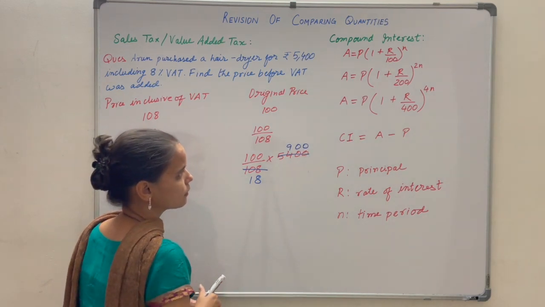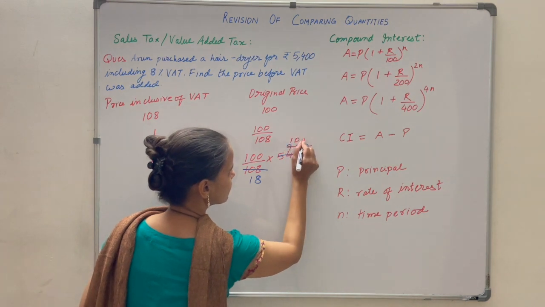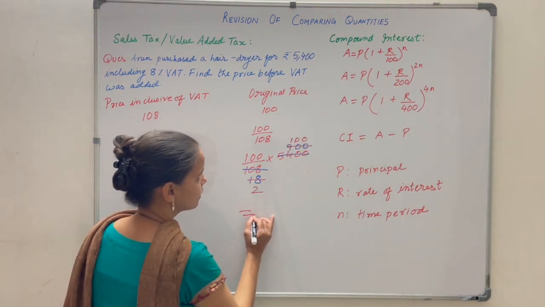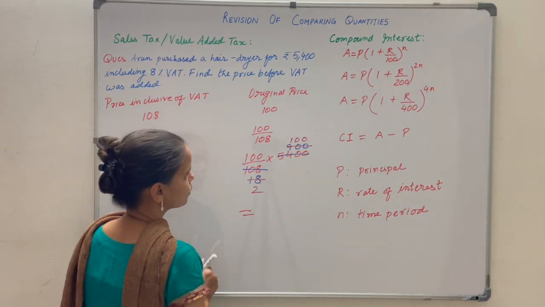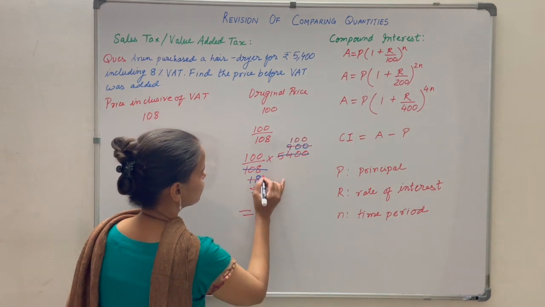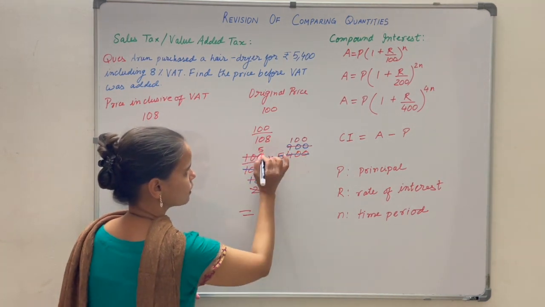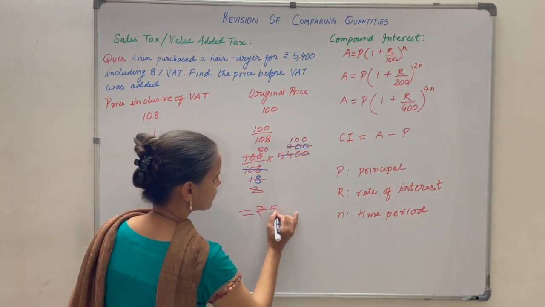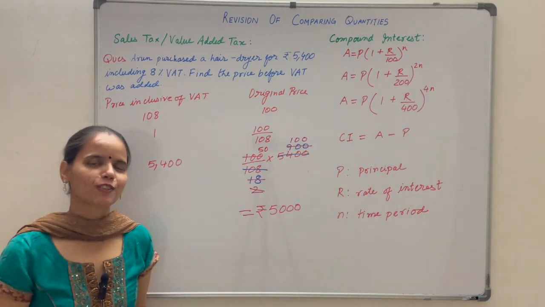I can now cancel with 9 here. So 9 ones are 9, 9 twos are 18. Still you can cancel here. So 2 ones are 2, 2 fives are 10. So 50 into 100, it is rupees 5,000 is the original price of the hair dryer.